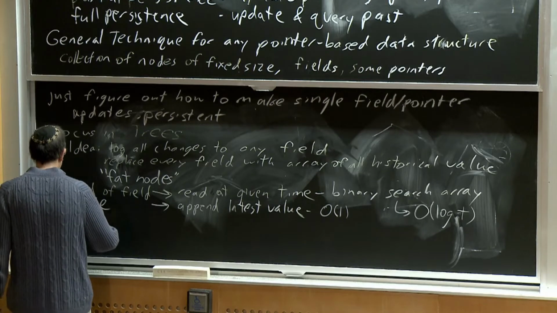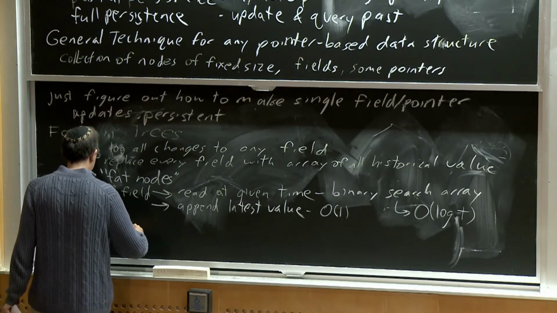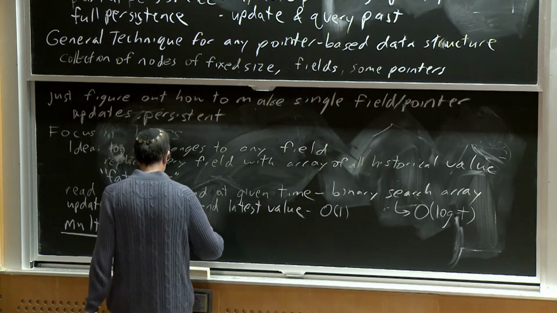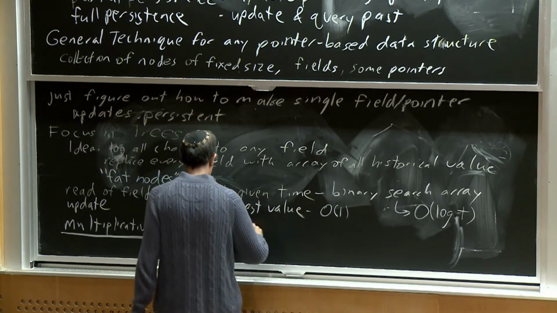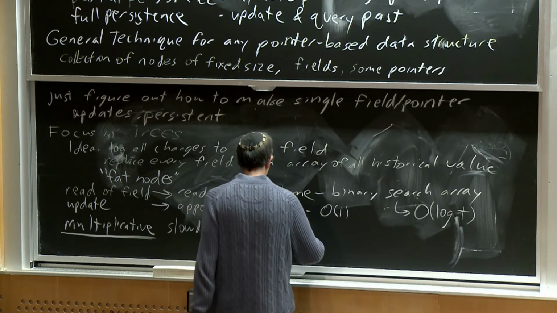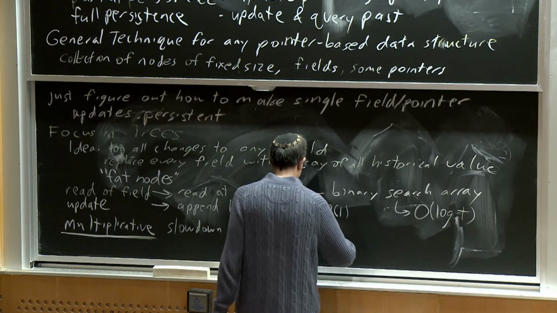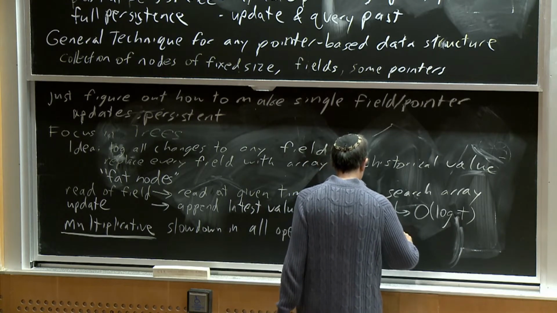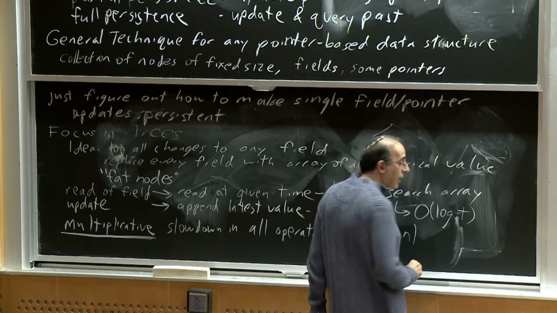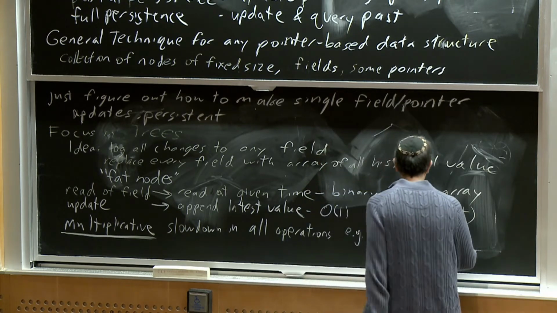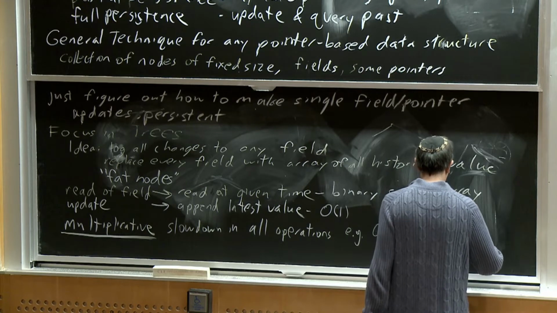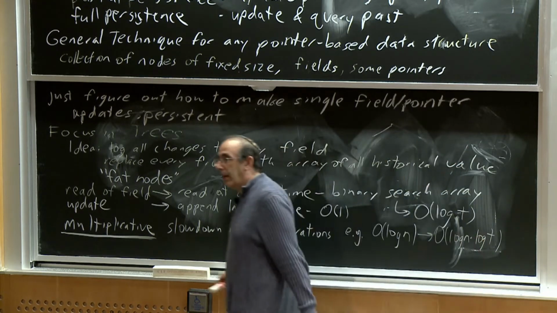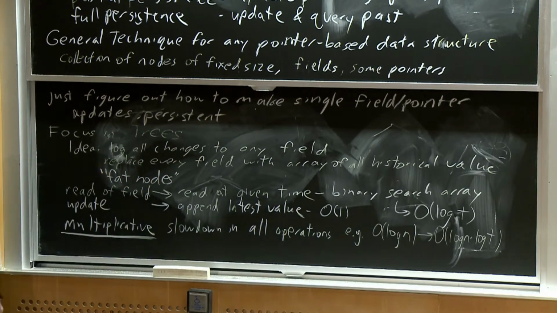So what we're going to get is a multiplicative slowdown in all operations. So for example, the order log n that we get for binary search tree operations or for heap operations becomes order log n times log t, right?